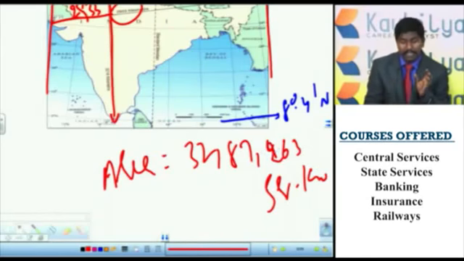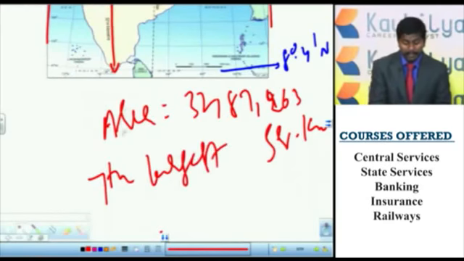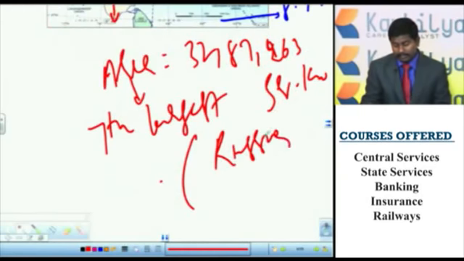Because of this area, today India is the seventh largest country by area. And I think you know the largest country by area is Russia.